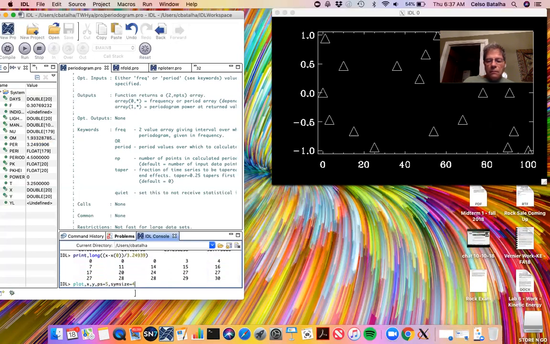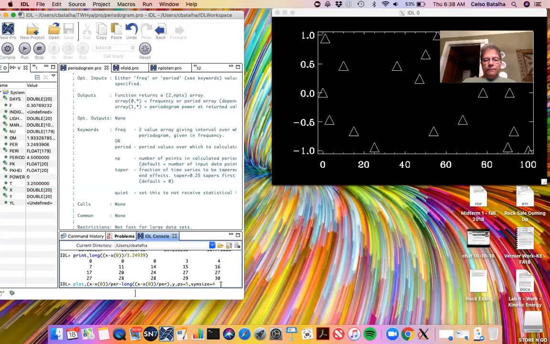Therefore, if we plot x minus x naught divided by the period, minus the integer corresponding to the beginning of the phase, which is long of parenthesis x minus x naught divided by period, I'm pretty much shifting everyone, folding everyone to the first phase, and plotting that.